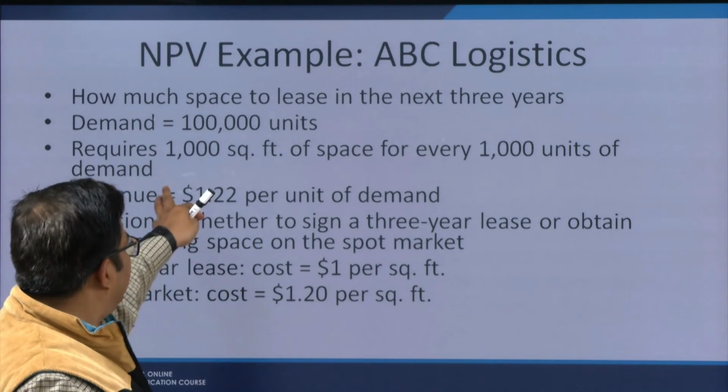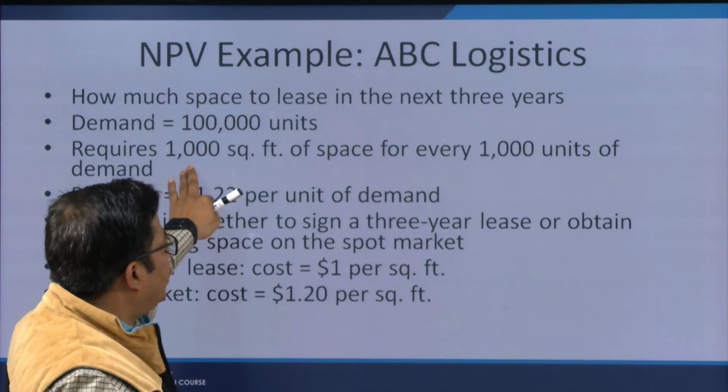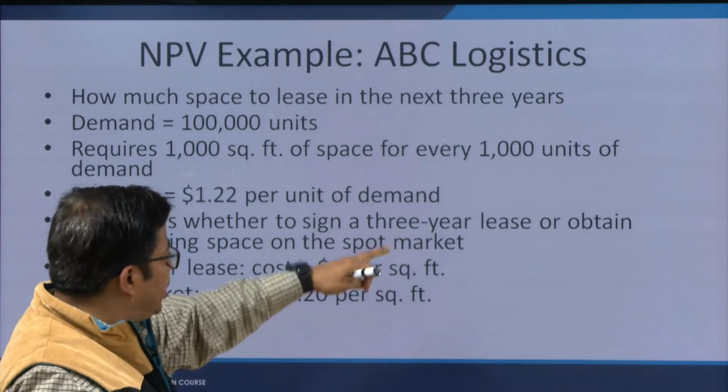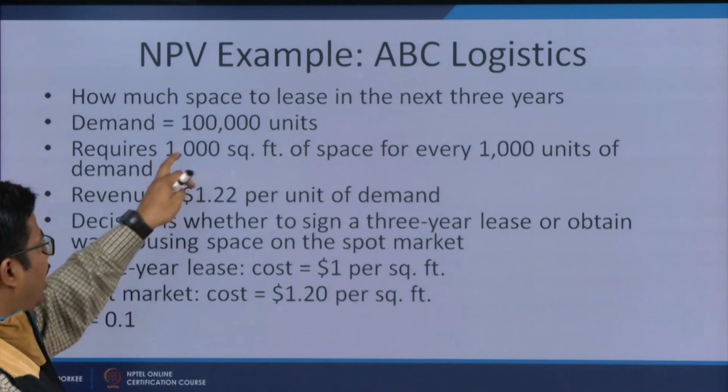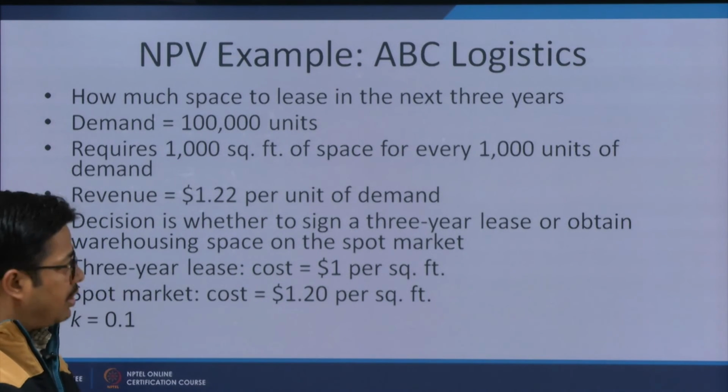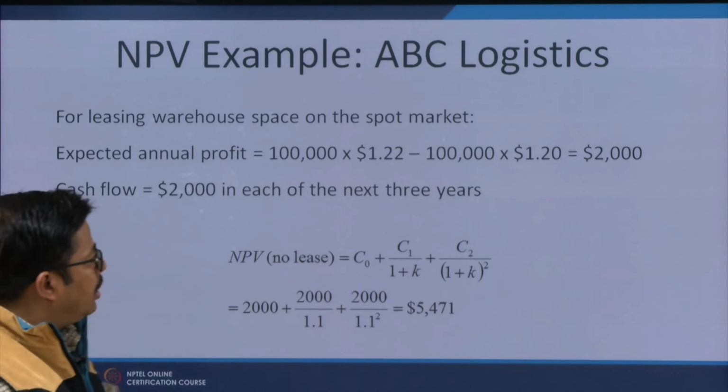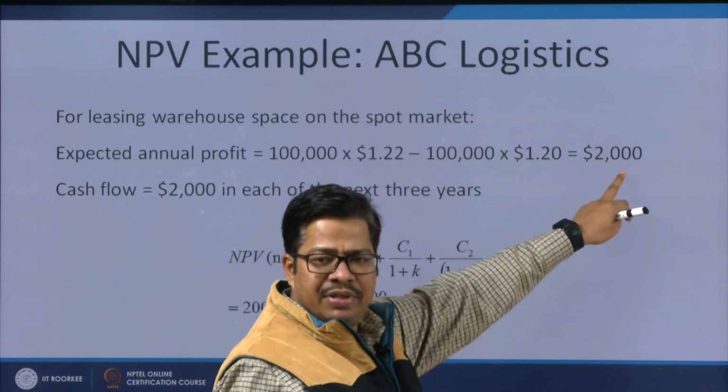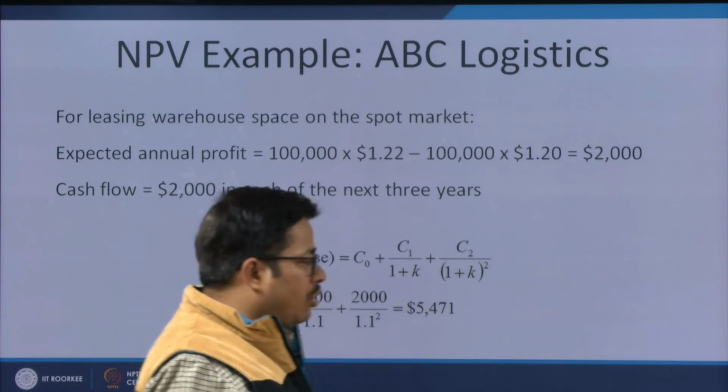For 1000 square feet is useful for 1000 units of demand, so if you have 1 lakh units, you require 1 lakh square feet. So total area is this much. So you have the annual profit of $2000.